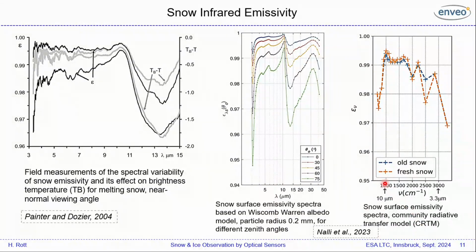This is wave numbers here, so we start here at 10 micrometers and here 3.3 micrometers. They use in the atmospheric window for both old snow and fresh snow the same numbers, about 0.99, which is quite different from that.